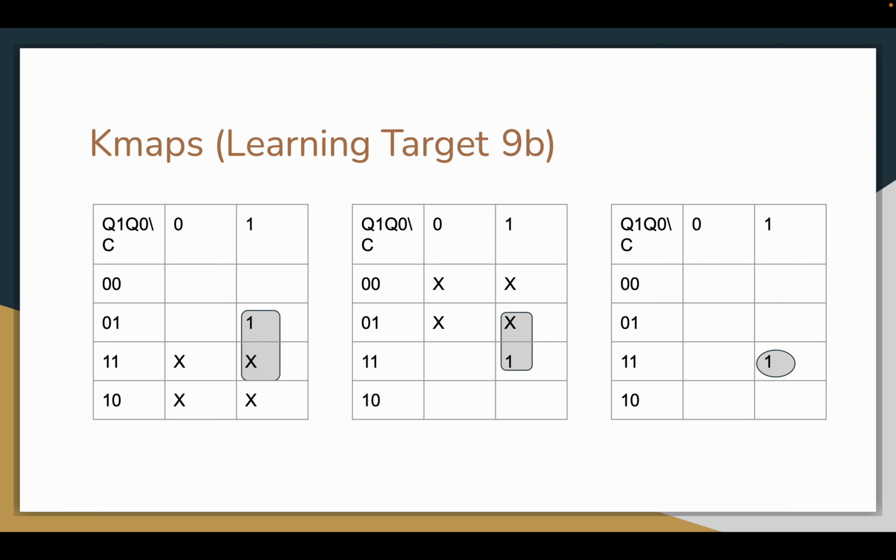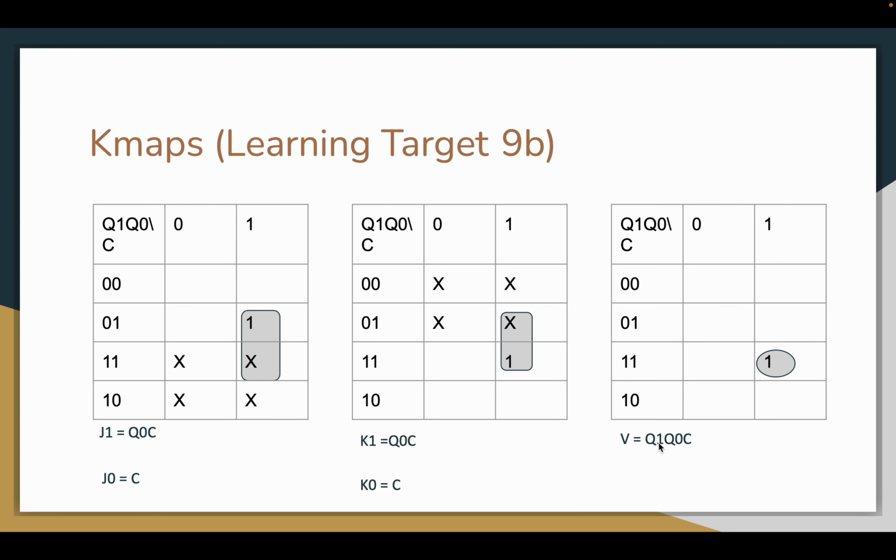Now our next phase for learning target 9B is to get our equations from the next state table. What we do from there is solve it with K-maps. So here are 3 different K-maps. For this top one, J1 is equal to Q0 times C, and K1 is Q0 times C, which are both the same equation.